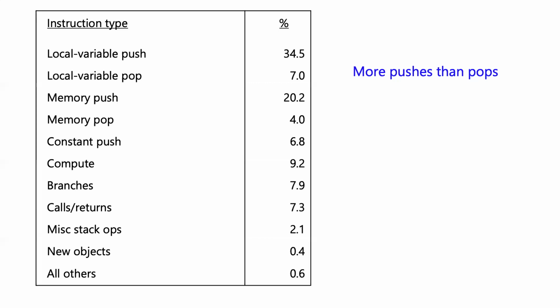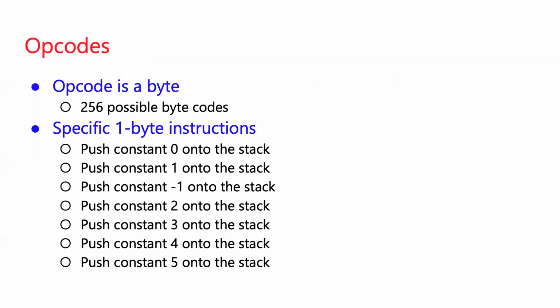Now, the example we just looked at shows some of why this is true. There are a lot of different things you might want to use as an operand when you're computing that don't have corresponding store instructions. That's what we were just talking about. It makes sense to have an instruction that says push a -1 onto the stack. That would be for loading something onto the stack, but there wouldn't be an equivalent store instruction.